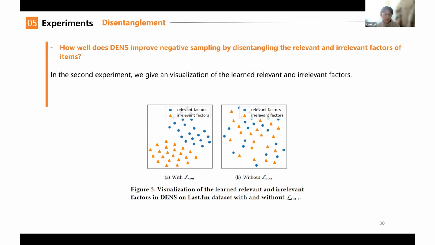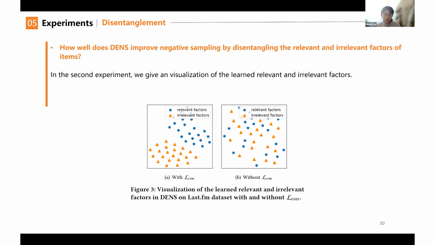In the second experiment, we give a visualization of the learned relevant and irrelevant factors. We randomly pick a user and map the disentangled relevant and irrelevant factors of all positive and negative items into a 2-dimensional space. We observed that with the contrastive loss, the learned relevant and irrelevant factors are clearly separated.